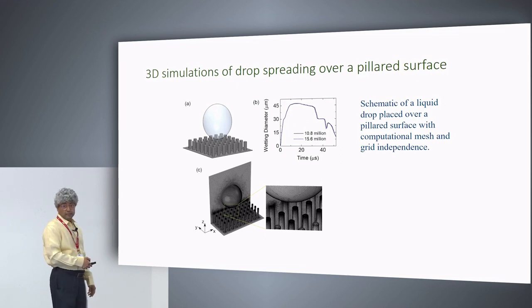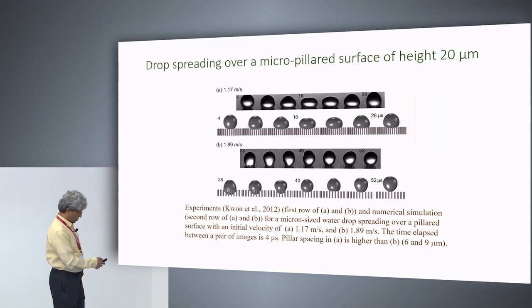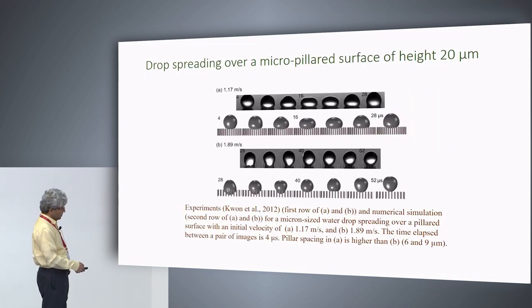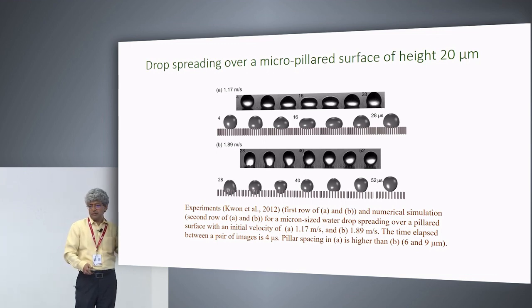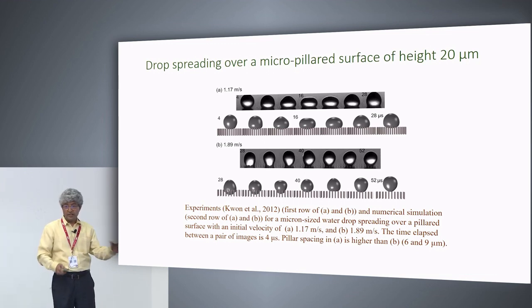The simulation time sharply increases. So we first compared with recent experiments, 2012, with some impact, 1.17, 1.89. Pillar spacing is about, these are all small pillars. Experiments were carried out on a silicon wafer. There is no heat transfer, no condensation.